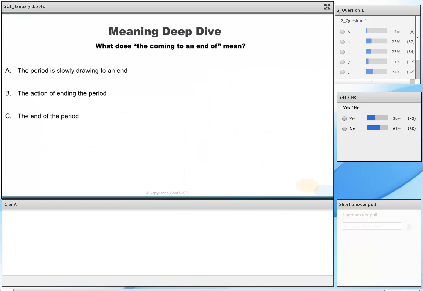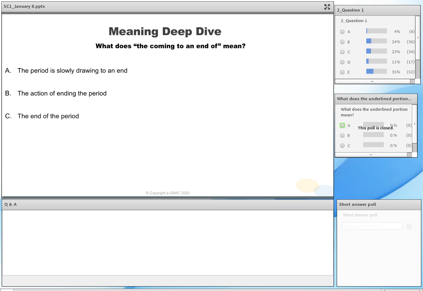So here's a meaning deep dive. I'm going to remove this yes, no poll. I'm going to bring in another poll because I love my polls, and this is the only way I get to talk to you. I want you to tell me, what does the underlined portion mean in the sentence? The coming to an end of. What does this mean? Give you guys about 30 seconds. Lots of participation, please.